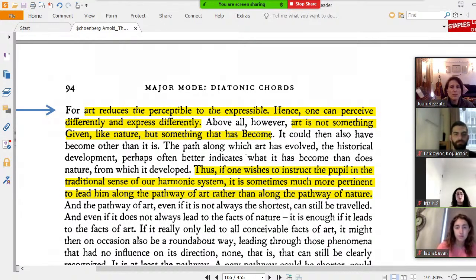The path along which art has evolved, the historical development, perhaps often better indicates what it has become than does nature, from which it's developed. Thus, if one wishes to instruct a pupil in the traditional sense of a harmonic system, because it's a system after all, it is sometimes much more pertinent to lead him along the pathway of art rather than along the pathway of nature.